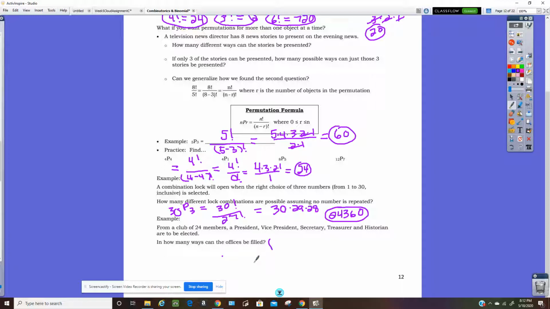So 24 times 23. So for president, there were 24 choices. Then there would be only 23 choices. And then 22 for the secretary, 21 for the treasurer, and 20 for the historian. Or you could plug into this formula and you would end up with the same thing once you cancel the numbers on the numerator and denominator that are the same.